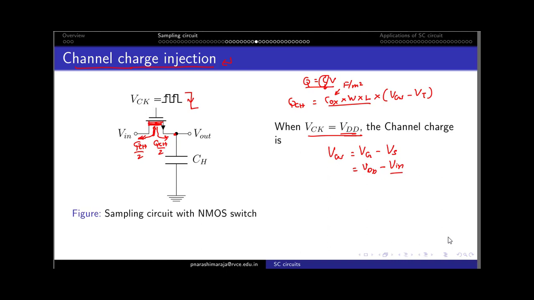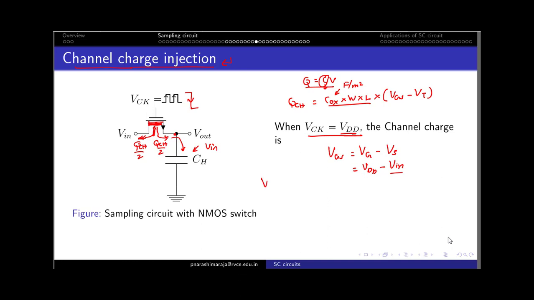In this movement, the charges flow across the capacitor CH top plate and try to disturb the charge stored before the hold phase, which means that the Vin, which is stored as a charge here, would get disturbed by the charge coming out of the channel, due to which the Vout gets disturbed.